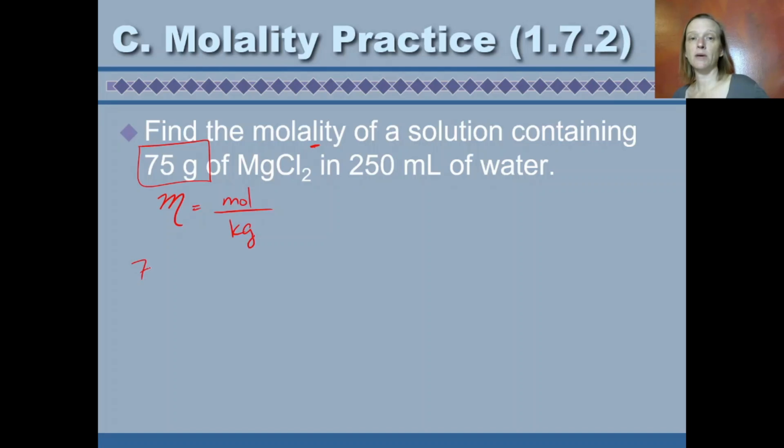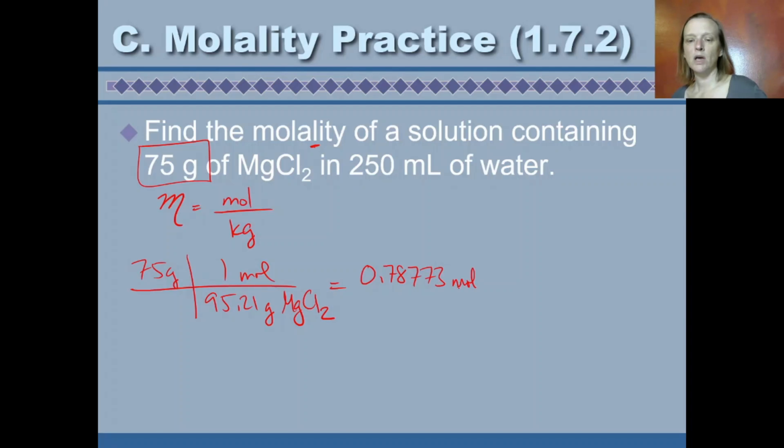I will start with my 75 grams, and I will use my molar mass of magnesium chloride, which is 95.21 grams, is the same as 1 mole. And if I do that multiplication and division, I have 0.78773 moles, although I only really know this to 2 sig figs, so I can round it off there.